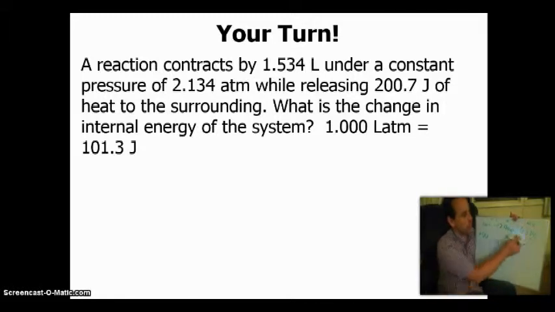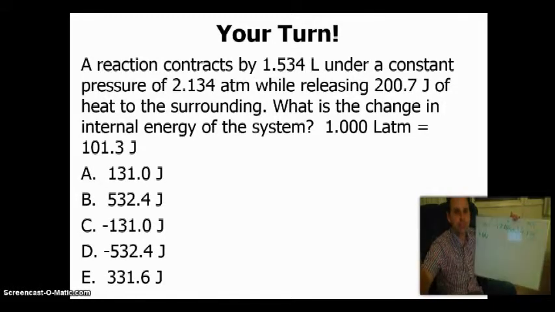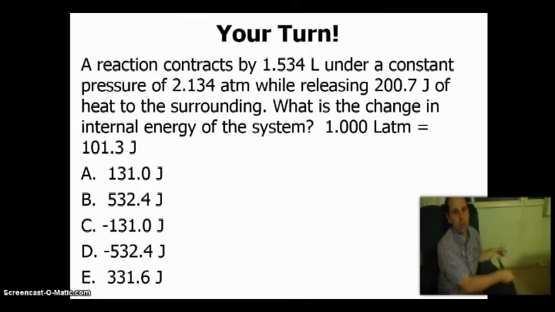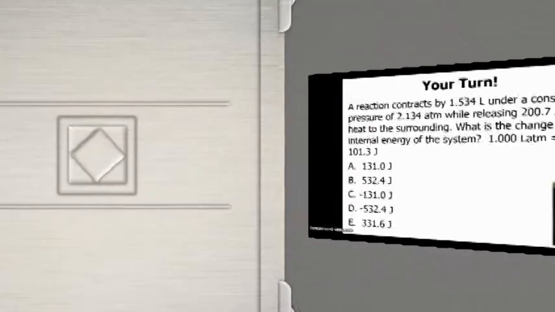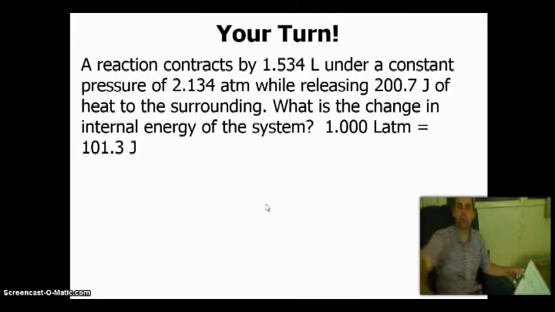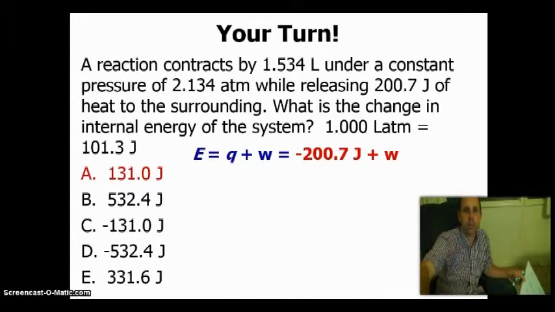energy. So whatever my answer is here, 1.534 times 2.134 atmospheres. Let me get out my calculator, we'll solve this. All right, so we can see, let's see, where were we at?